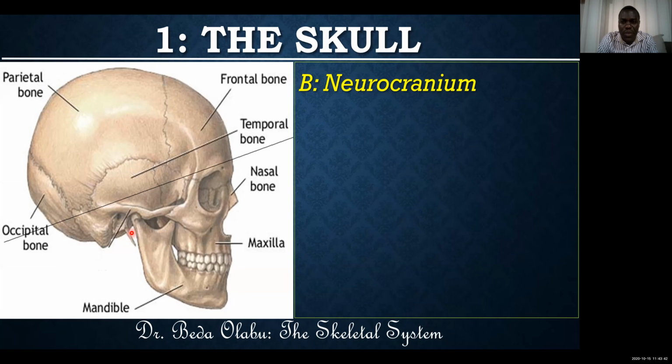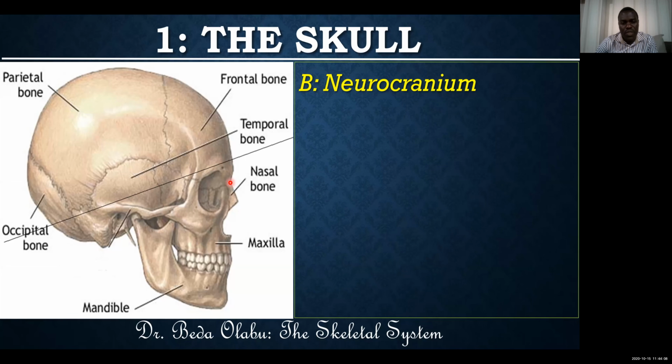So we have visceral cranium and neurocranium. Neurocranium is divided into 2. Look at this outline I'm giving you. This is the neurocranium. We divide neurocranium into 2.